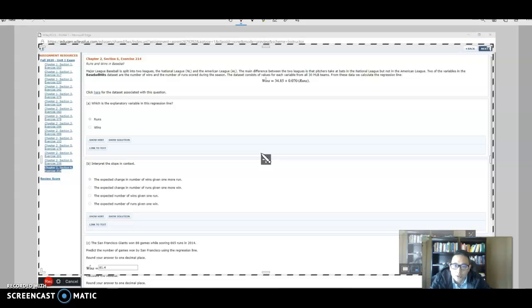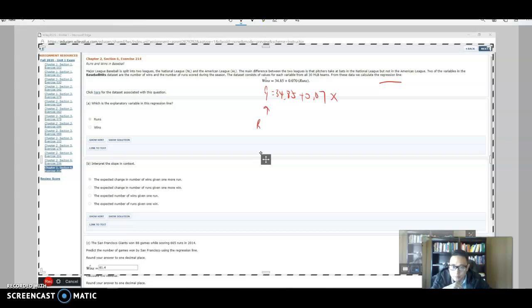Hopefully you read the question. The problem gives the regression line, y hat equal to 34.85 plus 0.07x, where y is what we call the response variable, and x is what we call the explanatory variable.